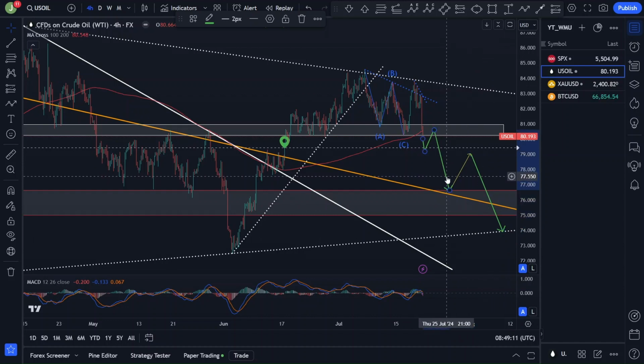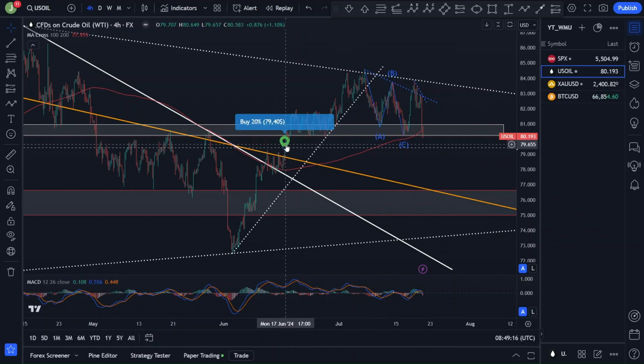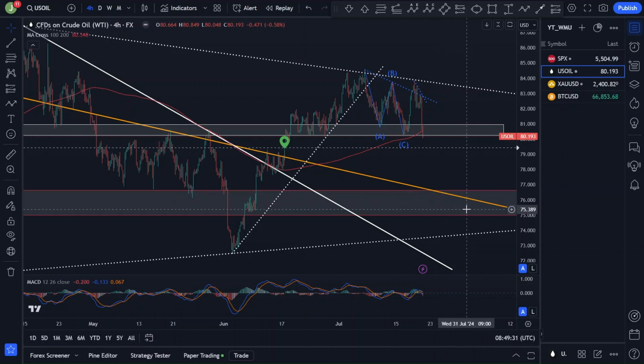I'm thinking about reducing my oil position of 20% if we break below my initial entry point, so that I go out of this position with just the fees as cost and no real loss, and then rebuild my position lower, maybe even with a little bit of leverage, because then I can define my stop loss really well, which would be below this white dotted uptrend line and this last low.